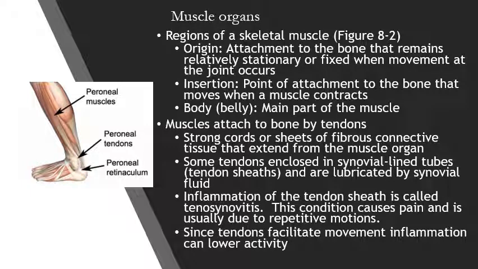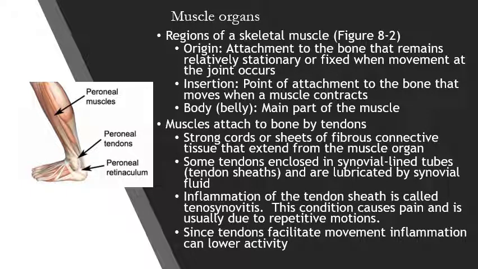The insertion is the point of attachment of the bone that moves when the muscle contracts. So the insertion is the hook to the bone that moves. And then the body is the section between the origin and the insertion.